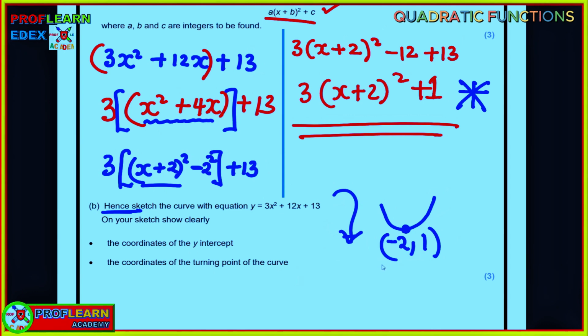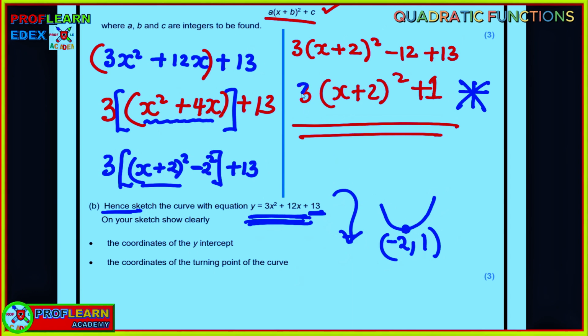That's the turning point. And the y-intercept of this graph is going to be 13. You don't use the one that we are having here. The y-intercept is from the original form. But if you want to find the y-intercept from this, you have to expand it first. In completed square form, it enables you to pick the turning point of that function.